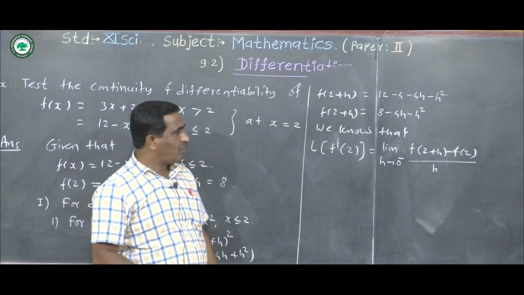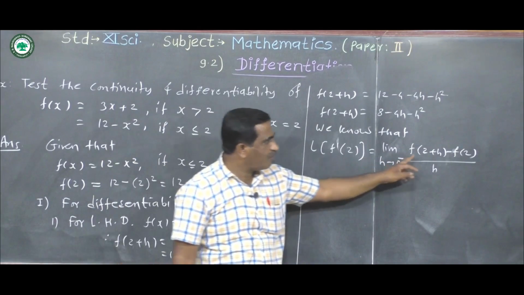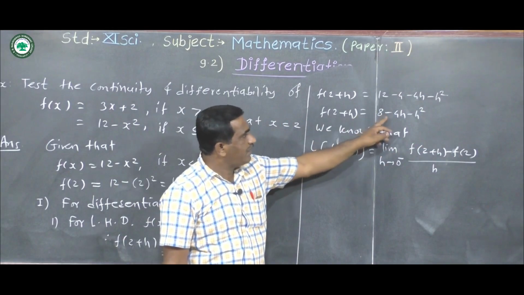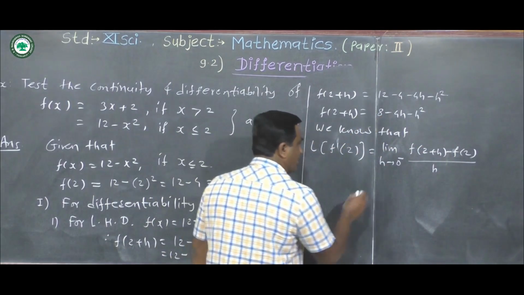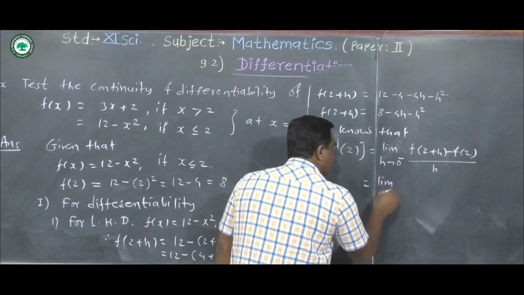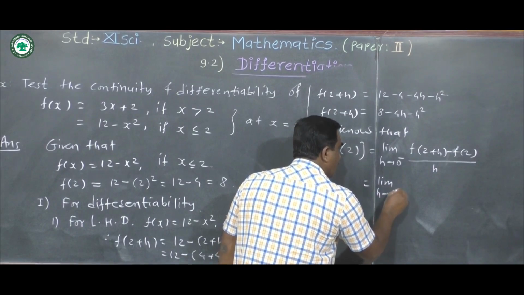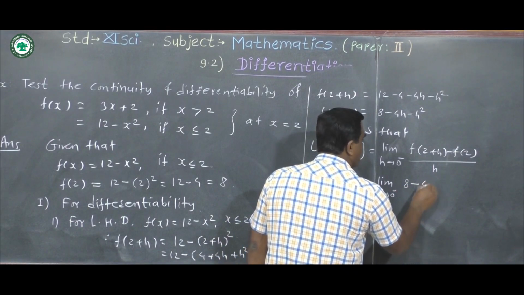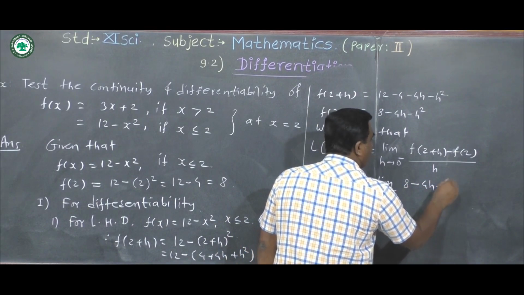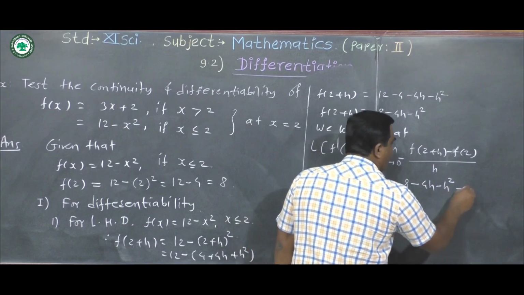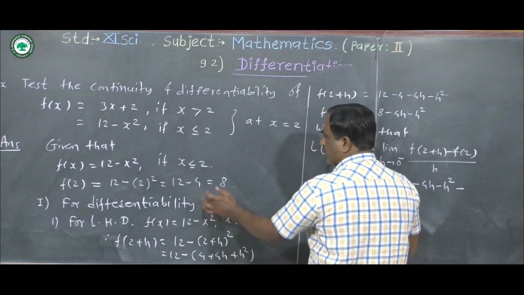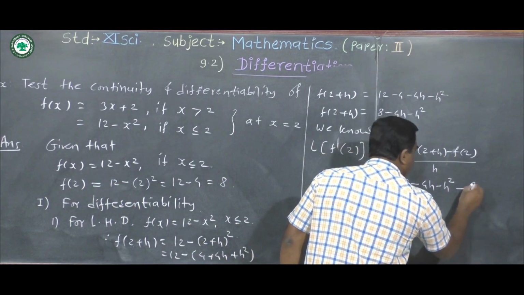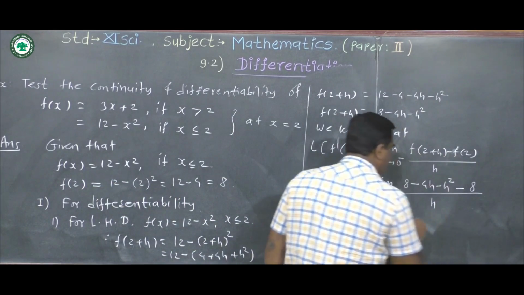This is the formula for the left hand derivative. Now put the values of f of 2 plus h and f of 2. That is, limit h tends to 0 from left, 8 minus 4h minus h square, minus f of 2, which is 8, upon h.